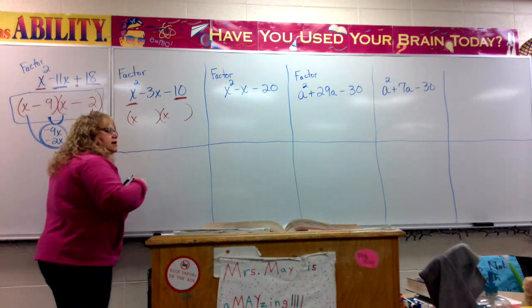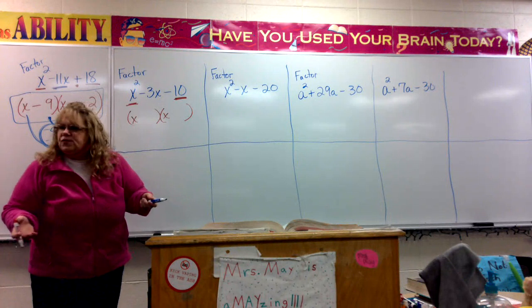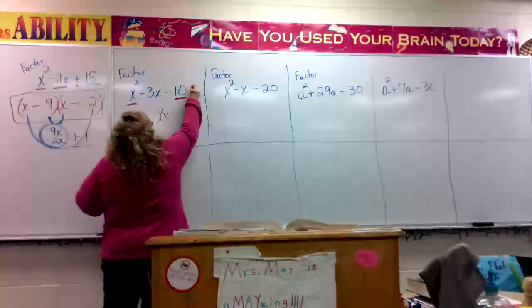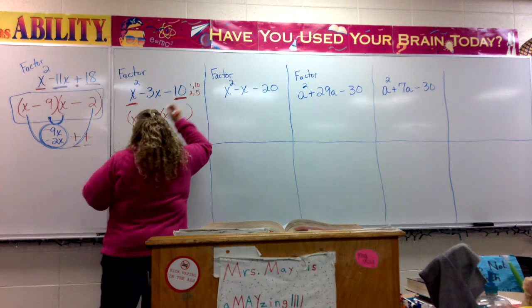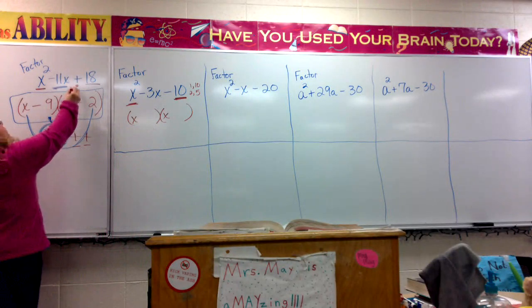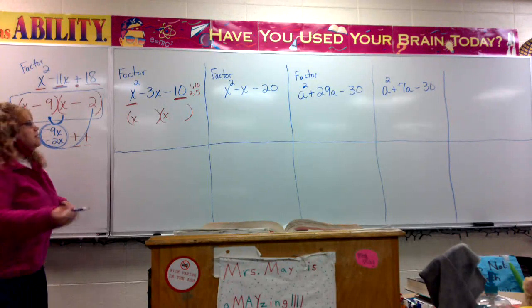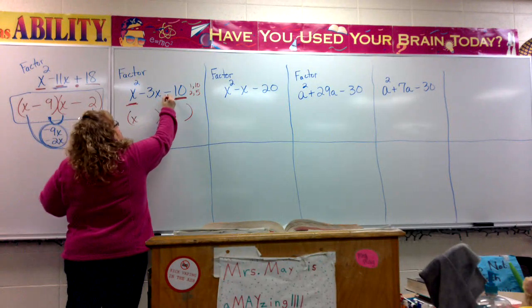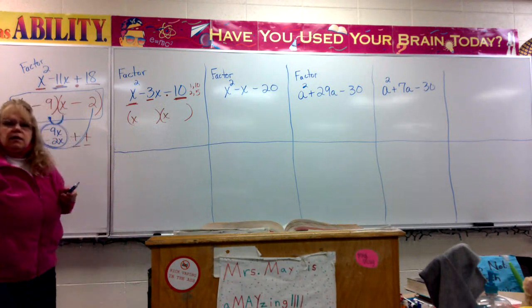Then you go down to the other end. You've got a 10. You still ask yourself what factor pairs for 10. Well, it could be 1 and 10. It could be 2 and 5. Now, here's where it's a little bit different. Remember over here they had to add to 11. Well, now they have to subtract to 3.